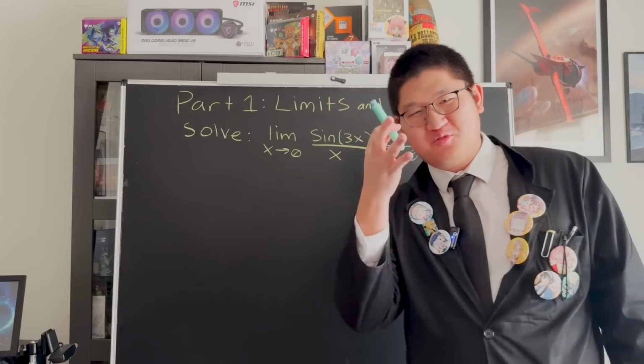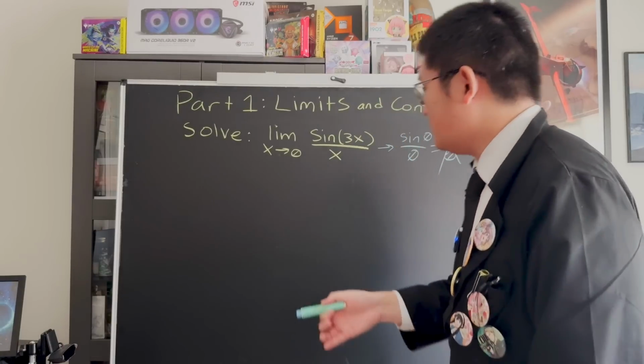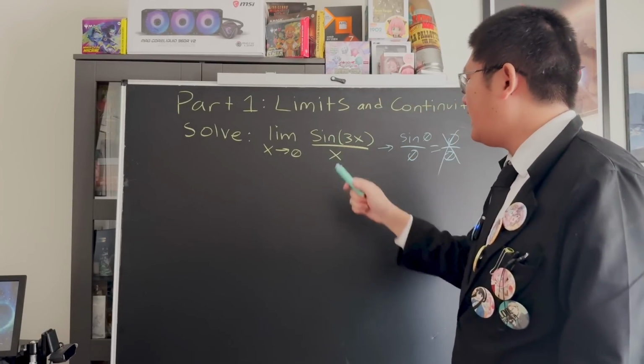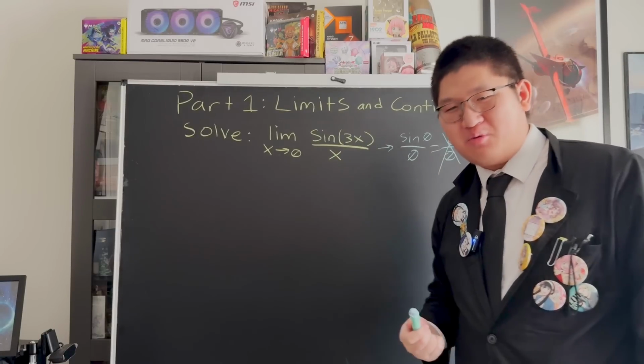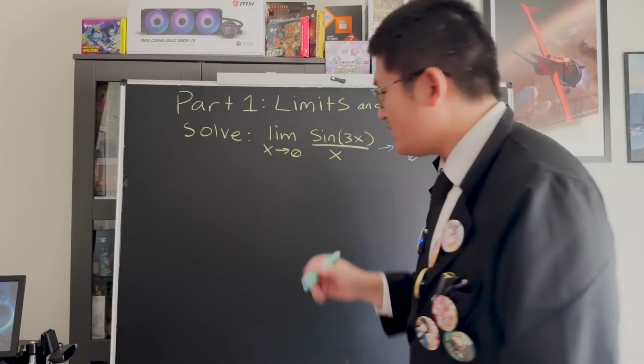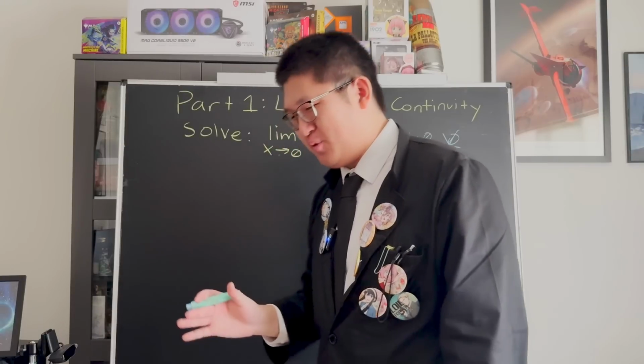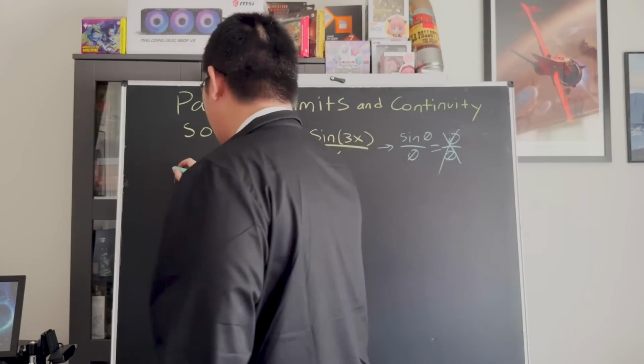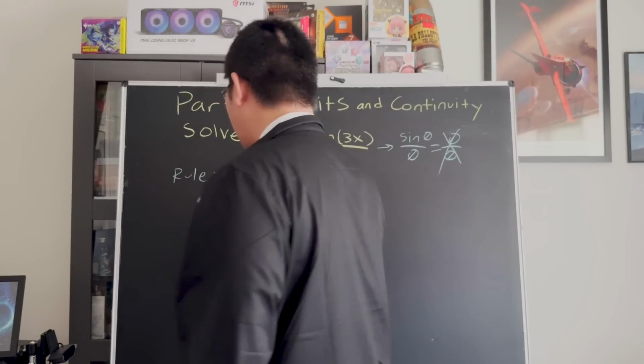Again, you have to remember the specific rules. We have a very special rule about dealing with sine over x when we deal with certain limits. And of course, this is the most basic rule for limits for AP Calculus students. Let's take a look here if we can remember.